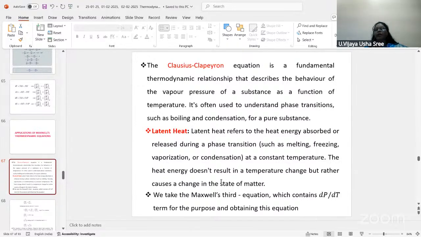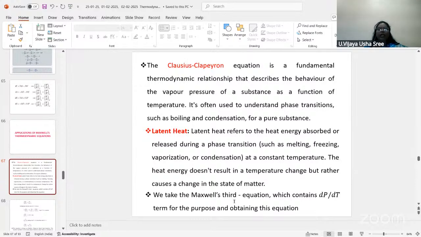For example, melting, freezing, vaporization or condensation. What will happen in these? Whatever state of matter change we observe, latent heat is absorbed or released at constant temperature.